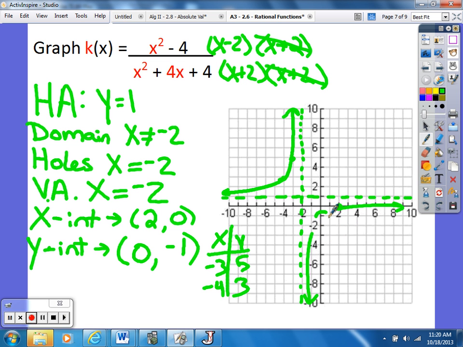Instead, I would have put a circle there and connected it. That means the graph just doesn't exist right there. But since the vertical asymptote was also at the same place that the hole was, the vertical asymptote won.